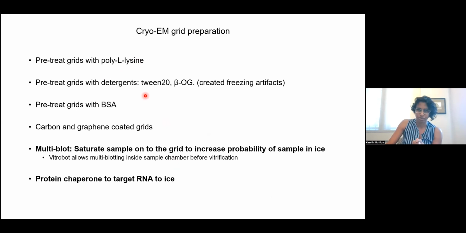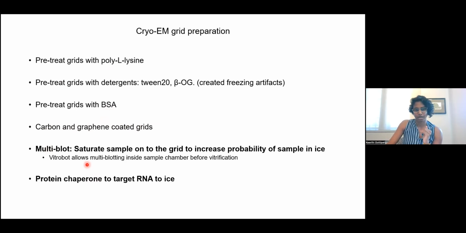We tried beta OG between 20. The other treatment was with BSA, just coat the grids with BSA and then add RNA to it. We also tried carbon and graphene coated grids. So all of these methods worked sometimes. We never saw consistent results with any of these. And we would also get RNA aggregation and things like artifacts.